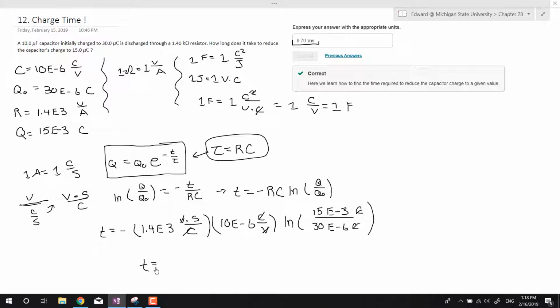So if I were to plug this all in the calculator, which I'll do right now, 15 e to negative 3 divided by 30 e to negative 6, natural log of that, times 10 e to negative 6 times negative 1.4 e to the 3. We get, oops, I multiplied it improperly. I have the wrong number here.